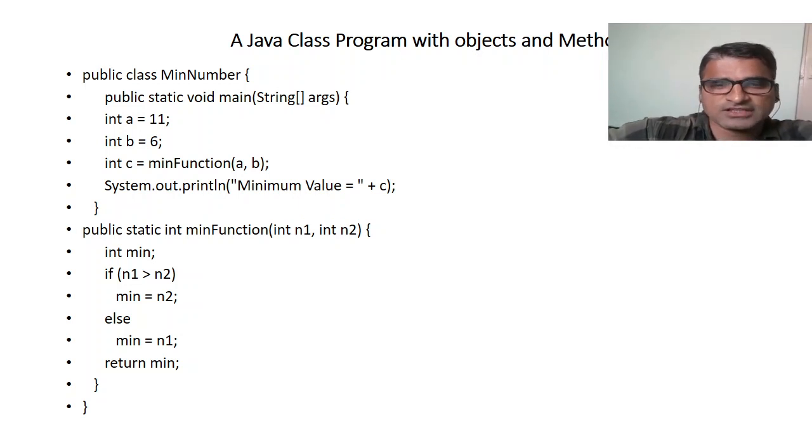As I told you, objects can only be created once the class is created. Since we have created a class called MinNumber, we can create objects. So I am going to define an object called a, and I am going to assign the integer value 11 to it. Why? Because it is declared of int data type.